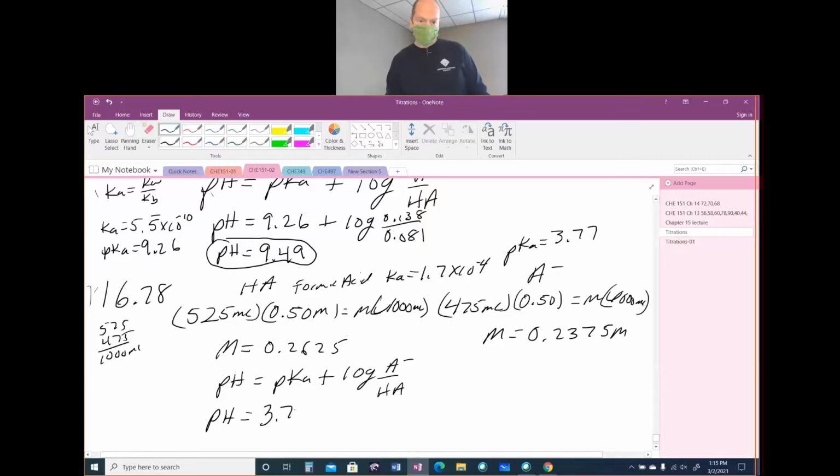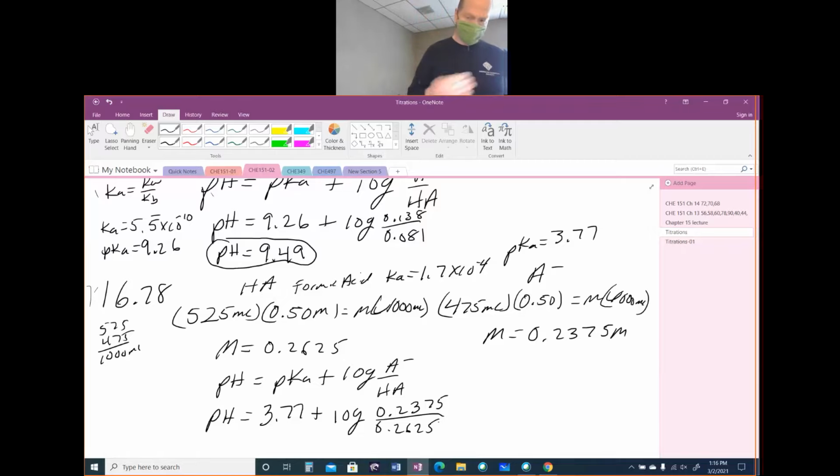So 3.77 plus the log of your A minus, which is your 0.2375, over your HA, which is 0.2625. All right, and so since we have slightly more of our acid this time than our base, it's going to come down from the 3.77, but slightly because it is a buffer.